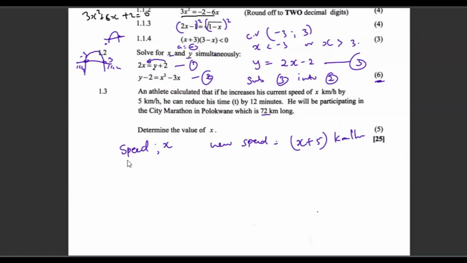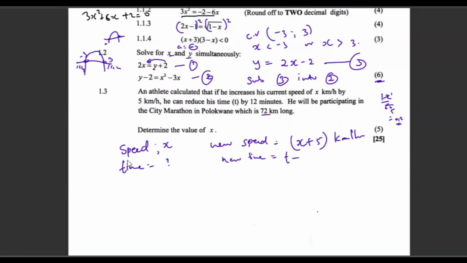Then the current time, we don't know it. And then they're telling us that the time is going to reduce by 12 minutes. So let's do the conversion of 12 minutes into hours. That's going to be 12 over 60. 12 divided by 12 is 1, 60 divided by 12 is 5, which is like 0.2.